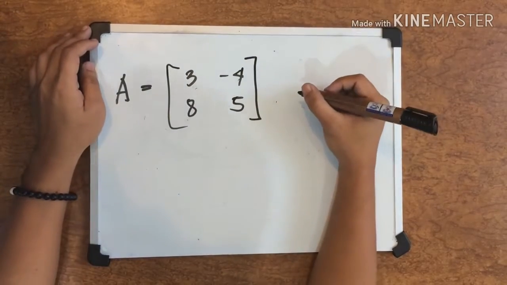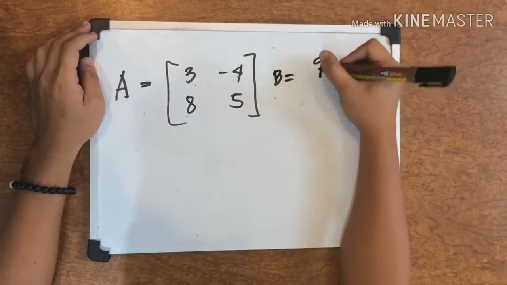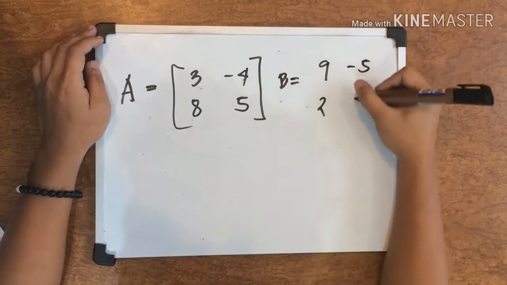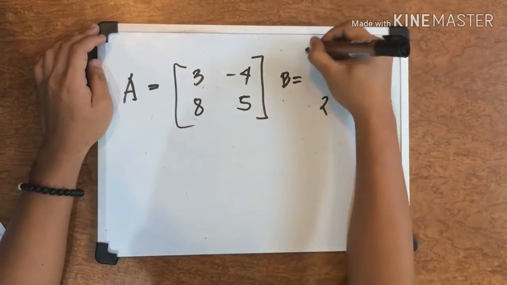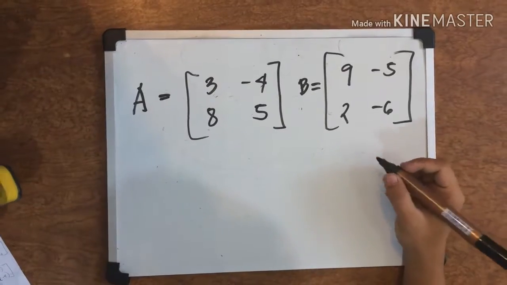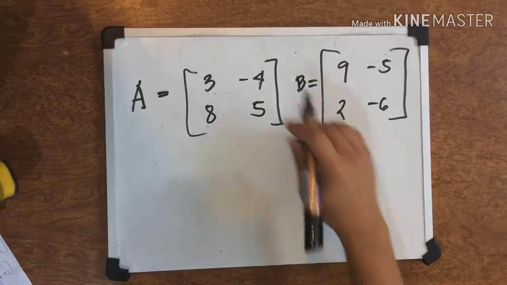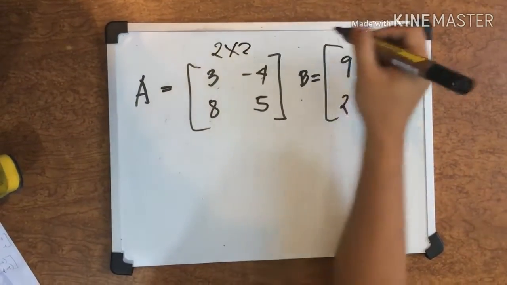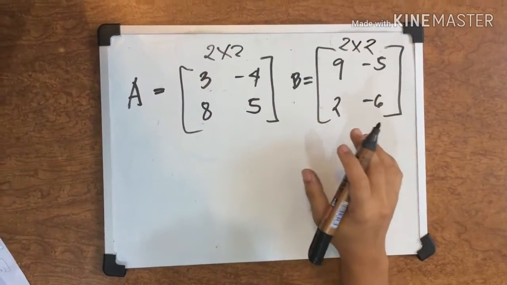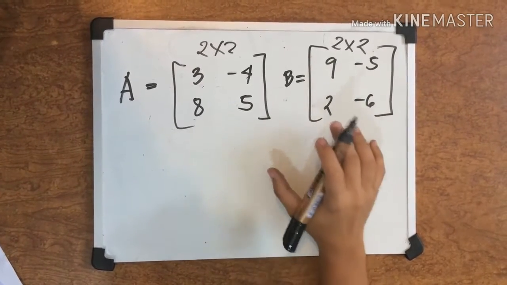And we have B, which is equal to 9, 2, -5, and -6. As you can see in this example, we have two 2 by 2 matrices. So the rule in adding and subtracting matrices is satisfied.